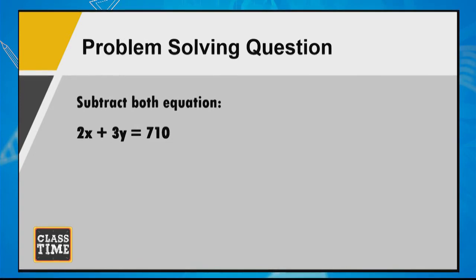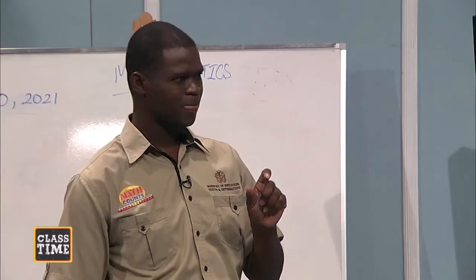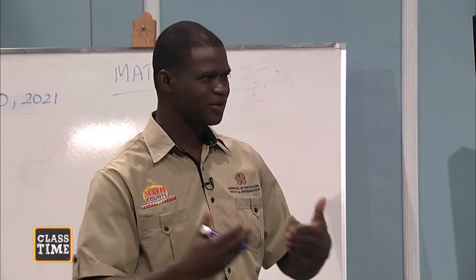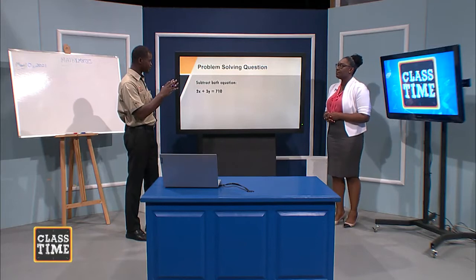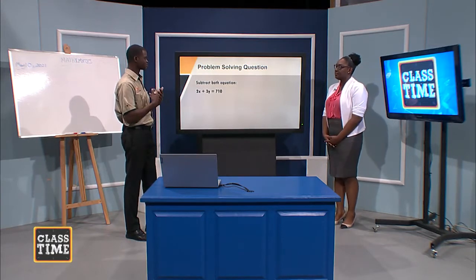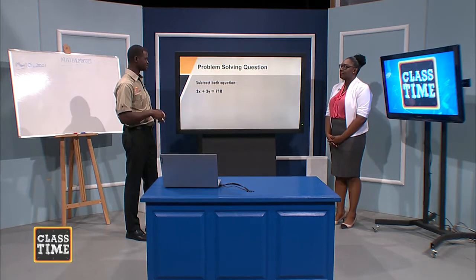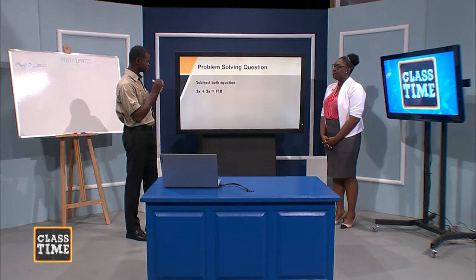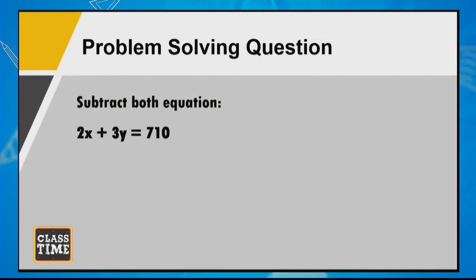Well, that is why it is important for us to read the question carefully, because based on what the question is asking, after you have set up your system of equations, you will realize that if you subtract, because there are various methods of solving simultaneous equations. We could use a graphical method, elimination, or substitution. But based on how this question is structured, we see that there's a relationship between the 2 equations.